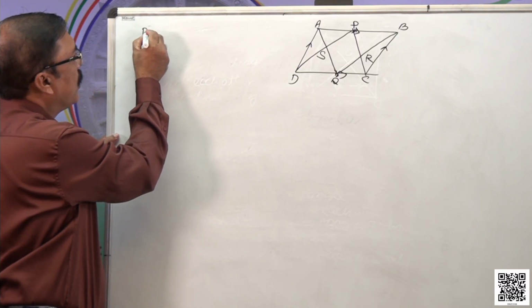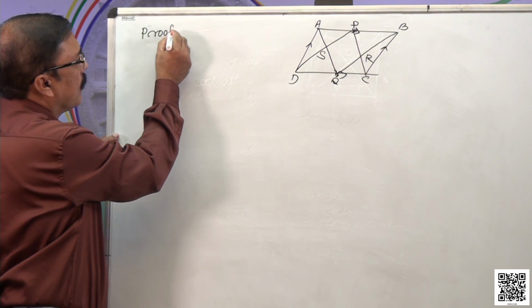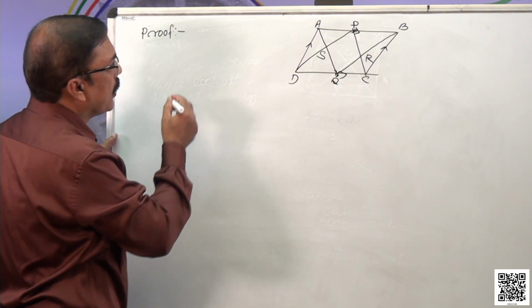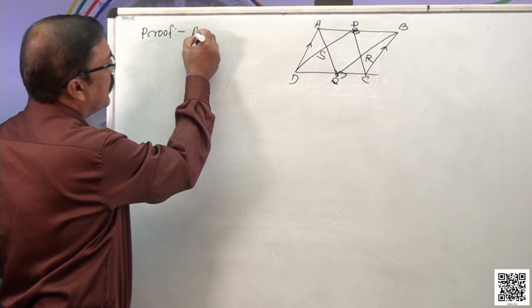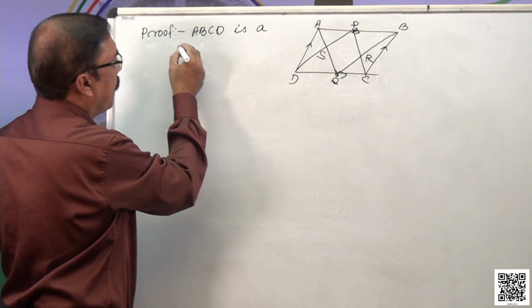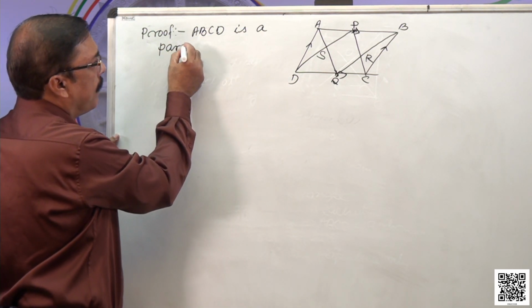Let me write only the proof. Now you see, ABCD is a parallelogram.